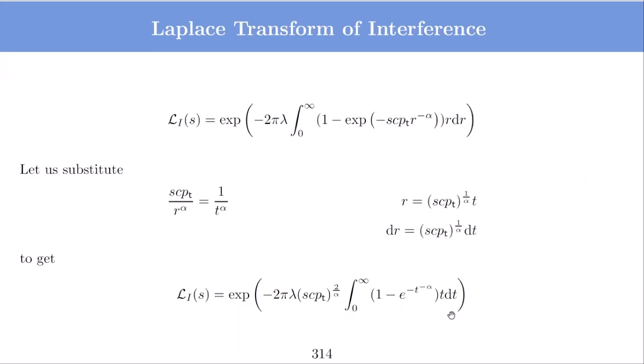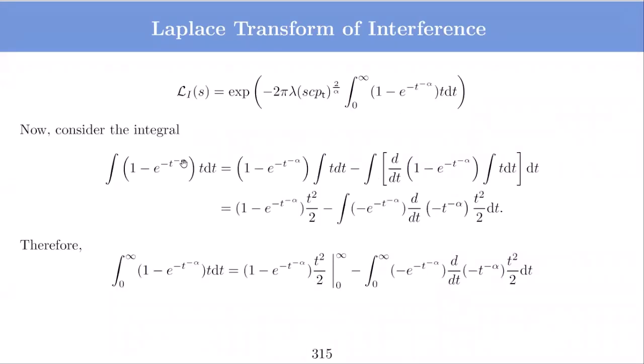So this is just a function of alpha. It is no longer a function of any other parameter, and all the other parameters will be in the form of scpt to power 2 by alpha. So the rest is just to solve this. Let us see how we solve this integration. If I first consider the indefinite integral, of this form, then I will just apply integration by parts.